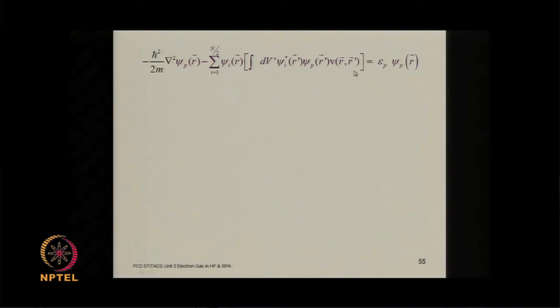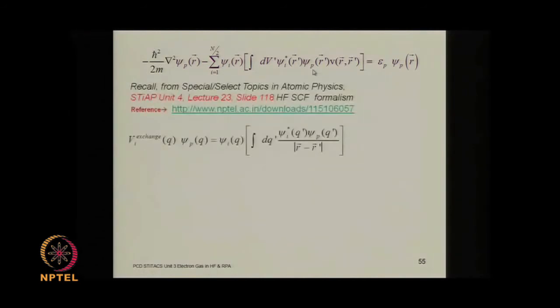So, this is our Hartree-Fock equation in which the Jellium potential and the Coulomb terms have cancelled each other. You will also remember from our previous course that we had introduced the exchange operator. I will not spend any time discussing this, but I will refer you to lecture 23 of unit 4 of the previous course, which is the special topics in atomic physics.